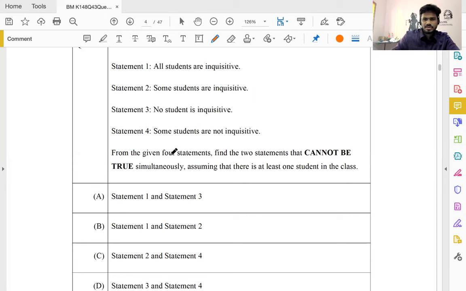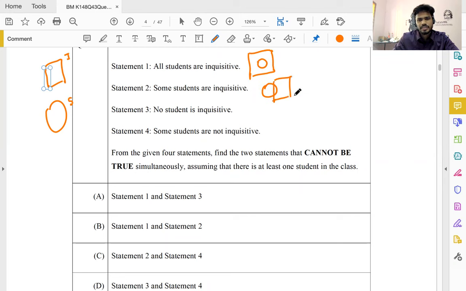Always, it's a good idea to deal with this using Venn diagrams. So I'm going to draw a square for inquisitive and a circle for students. All students are inquisitive, so all the students are over here. Some students are inquisitive, so this thing kind of intersects like this.